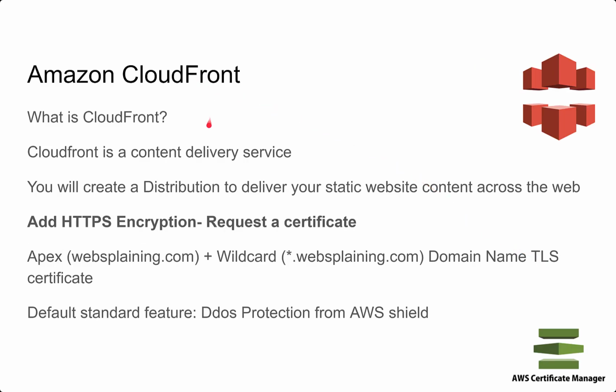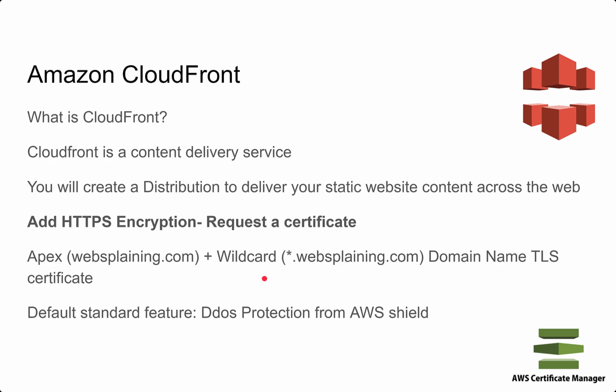So Amazon CloudFront. What is CloudFront? CloudFront is a content delivery service. So what we'll be doing is we'll be creating a distribution to deliver our static website's content across the web. We'll also be adding HTTPS encryption and we'll be requesting a certificate. We'll be requesting a certificate for our Apex domain name, so that is our domain name without the www or subdomain.